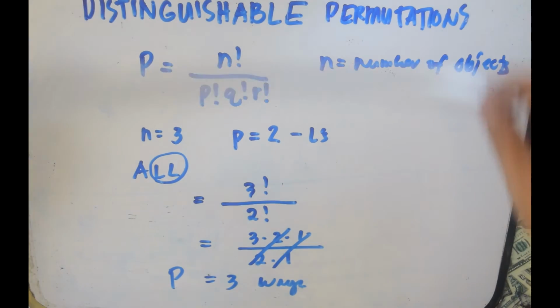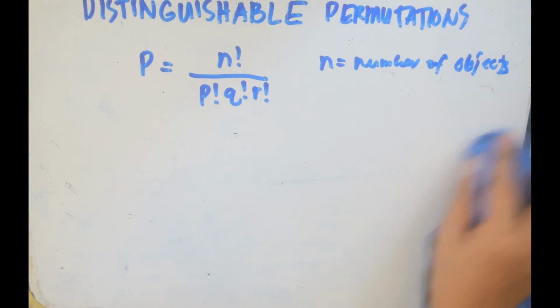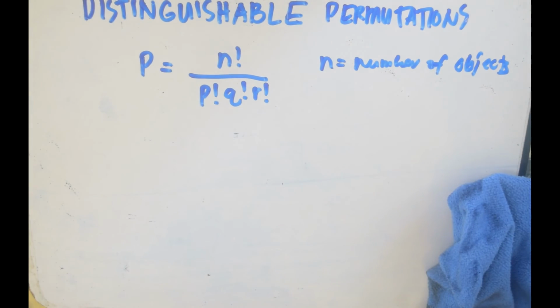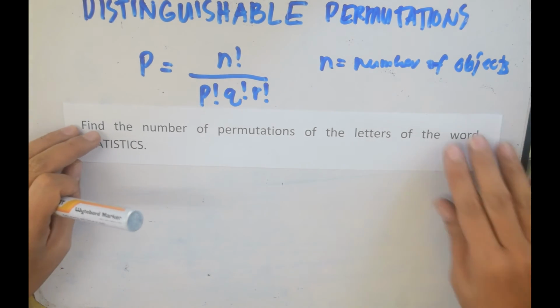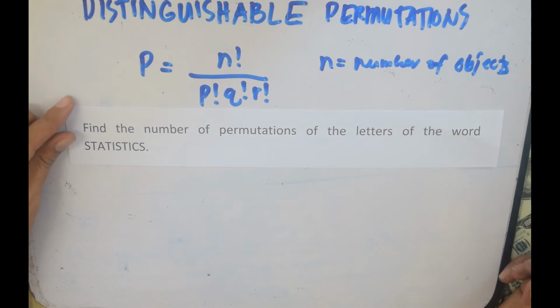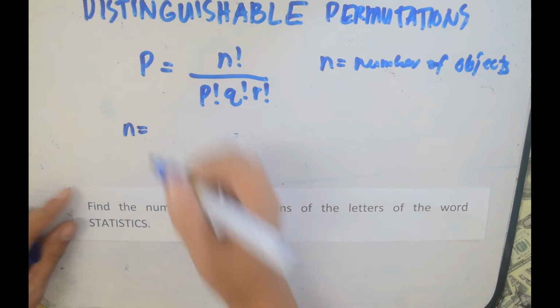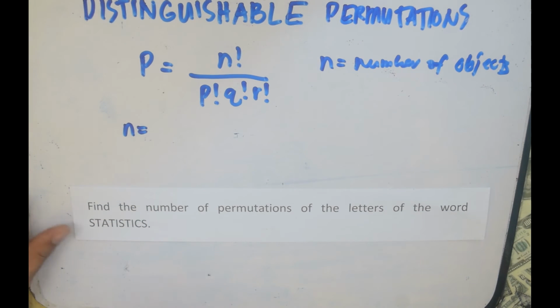Okay, let's have another example. Find the number of permutations of the letters of the word STATISTICS. From the word STATISTICS, we have our n here. How many letters are in the word STATISTICS? 1, 2, 3, 4, 5, 6, 7, 8, 9, 10.